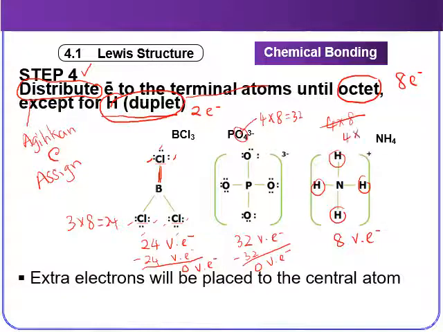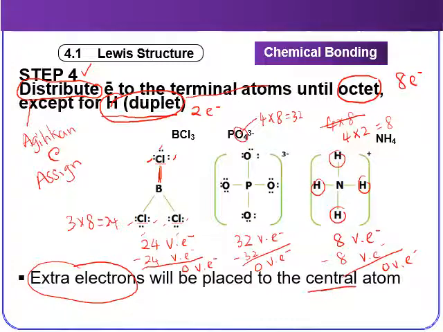So we are going to times 2. 4 times 2 equal to 8. So this one, 8 valence electrons minus 8, also doesn't have any extra valence electron. Just in case, if you subtract the electrons shown here and then have extra electrons, we are going to place the extra electrons on the central atom.